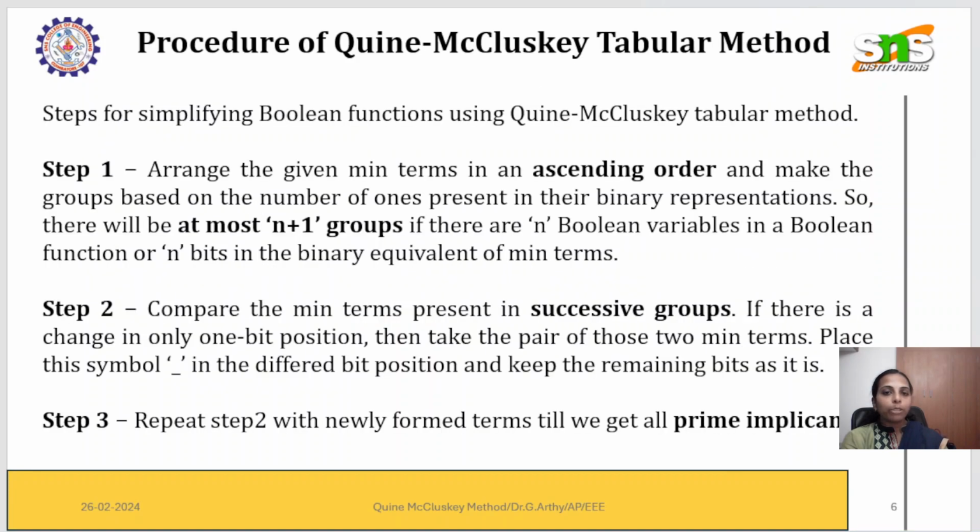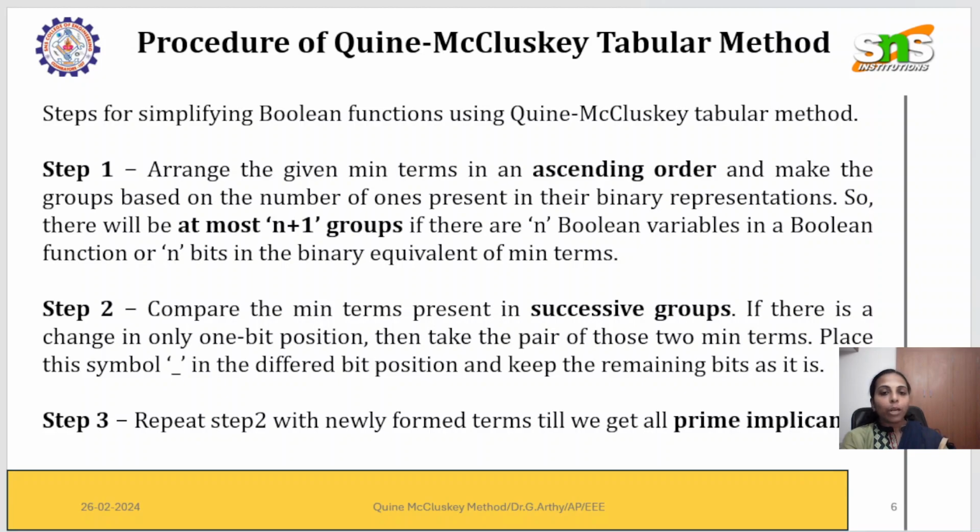So this is the procedure of the Quine McCluskey method. We'll be arranging the given minterms in ascending order. Then we'll be grouping them based on the number of ones present in the minterms. Then every member of the group will be compared with the successive group members.